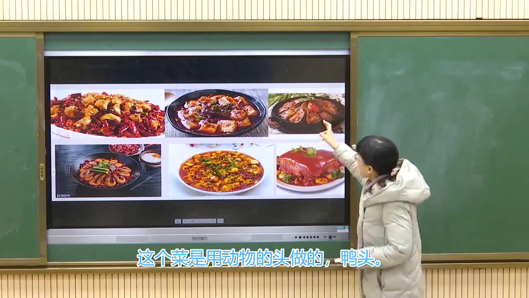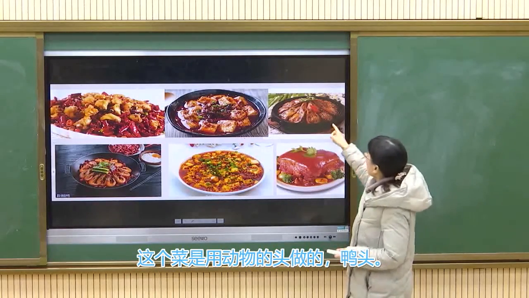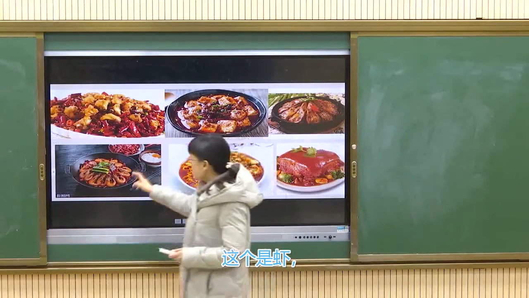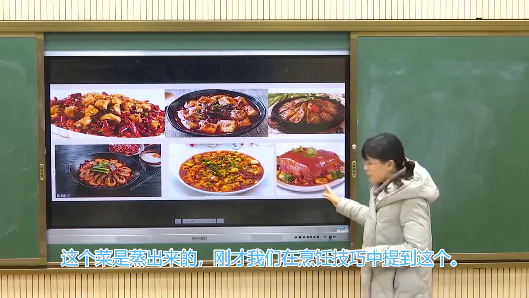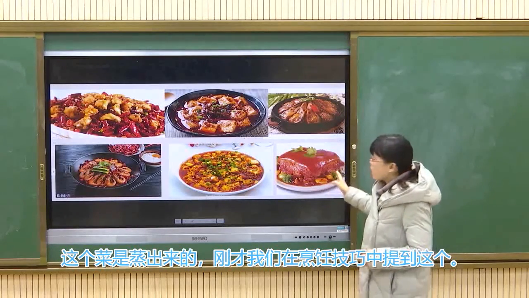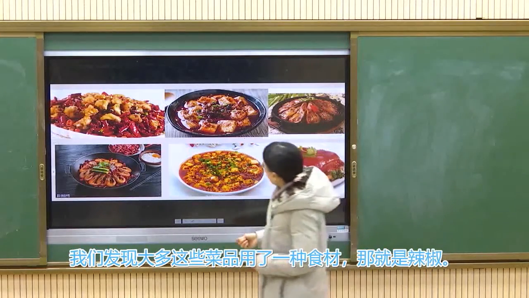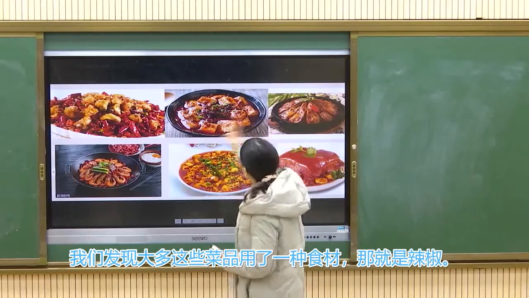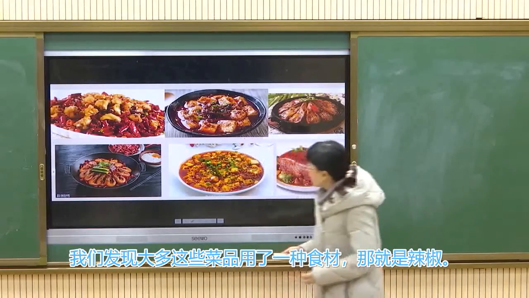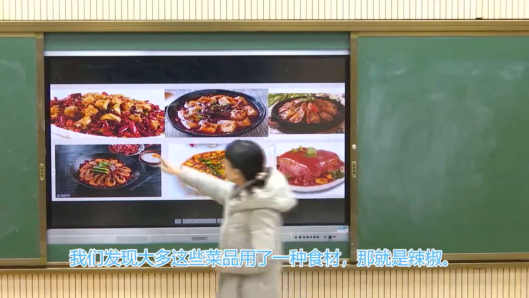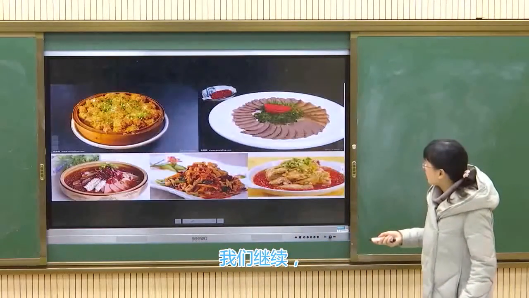And then this one. This one is the head of an animal. What is it? 鸭头. And then this is shrimp. And this one is cooked by steaming. Just now we talked about the cooking techniques. And then we find most of these dishes are cooked with what? With these peppers. Red peppers. And then let's go on.